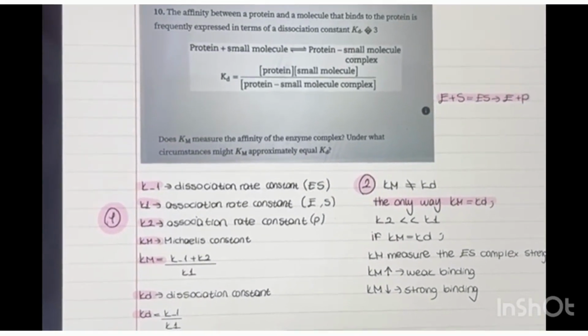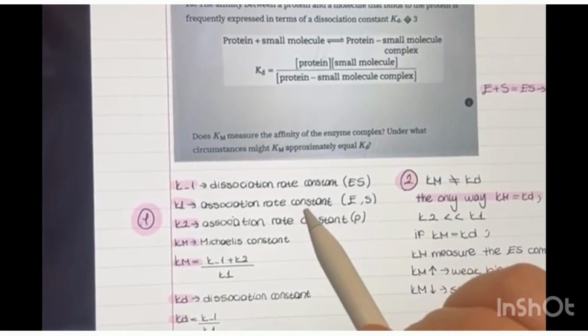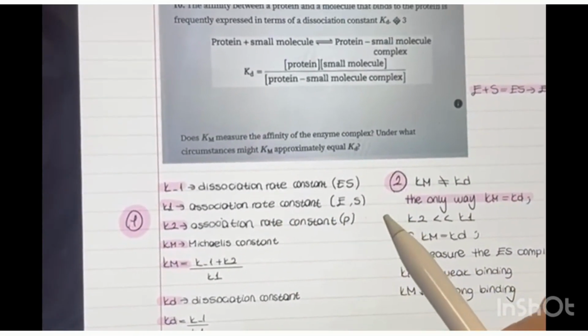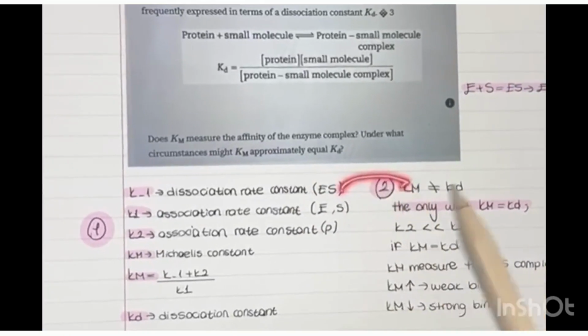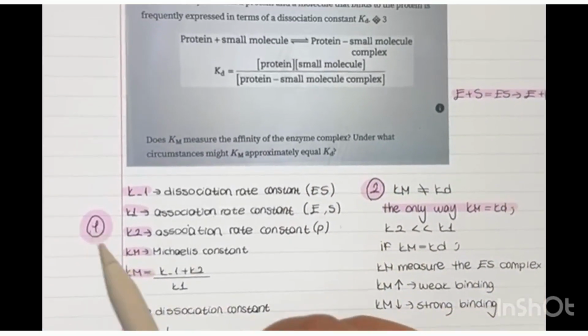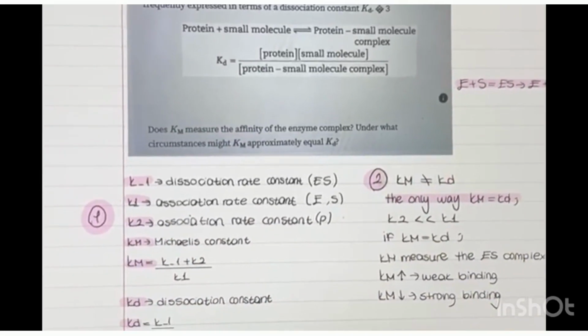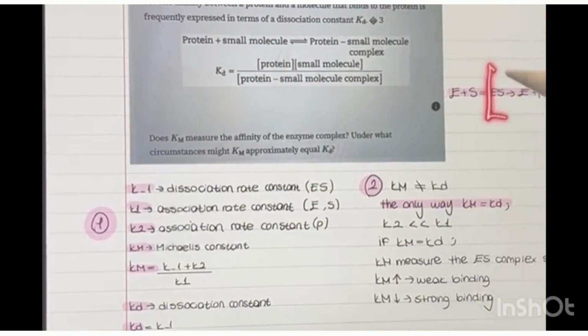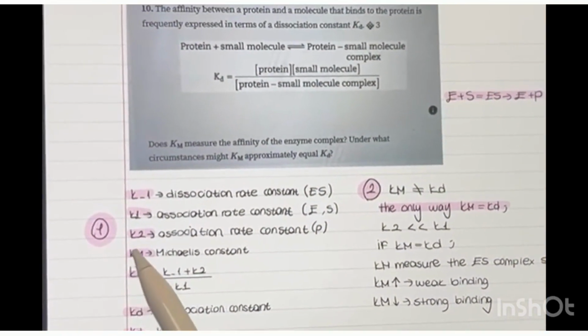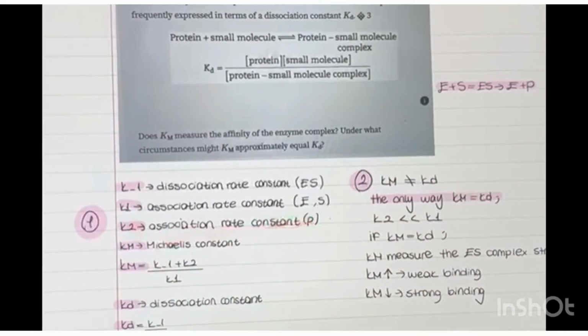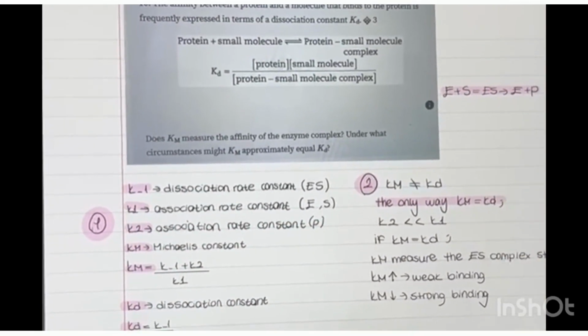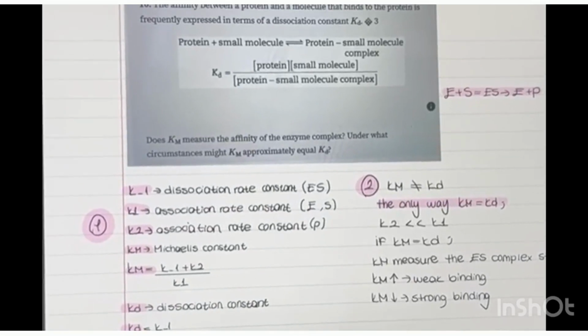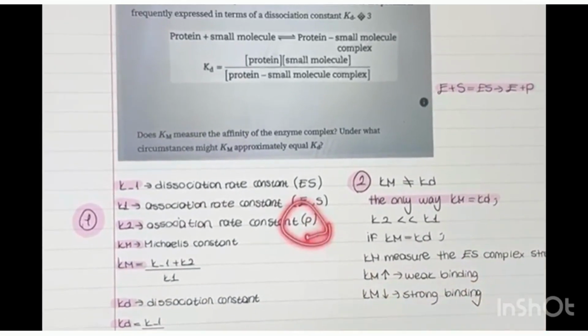K-1 is the dissociation rate constant, where ES dissociates into E and S. And K1 is the association rate constant, where E and S form the temporary complex ES. And K2 is the rate constant for the step that further completes the reaction and forms the new product P.